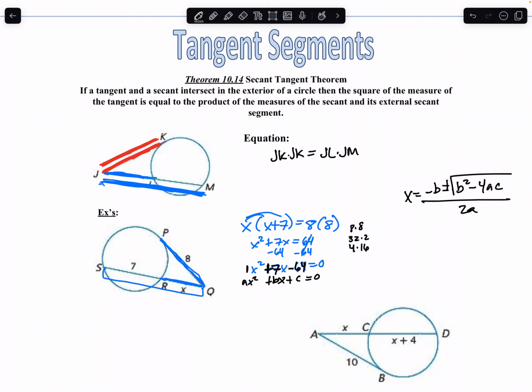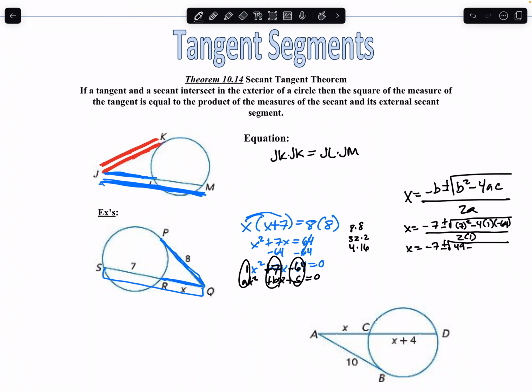We plug stuff in. We have x equals negative b, which is negative positive 7, plus or minus the square root of b, which is 7 squared, minus 4 times a. A is 1, and c is negative 64. Divide all that by 2 times a. I'm using these values for a, b, and c. I do a little bit of simplifying, right? I get x equals -7 plus or minus the square root of 7 squared, which is 7 times 7, 49, minus 4 times 1, which is 4, times -64, which is -256.